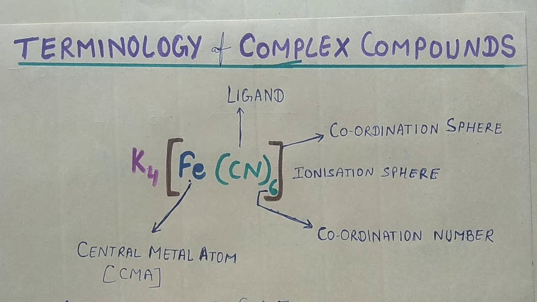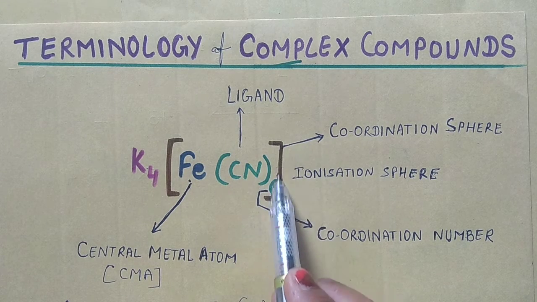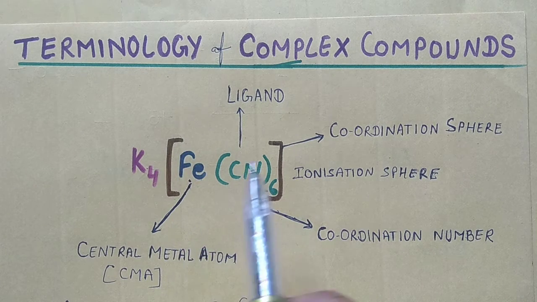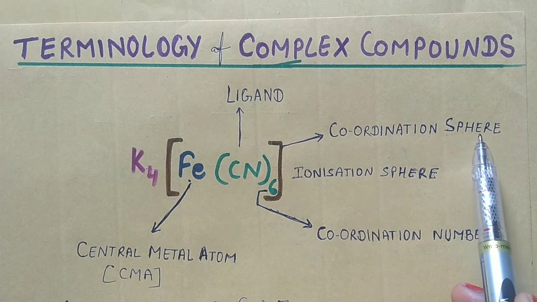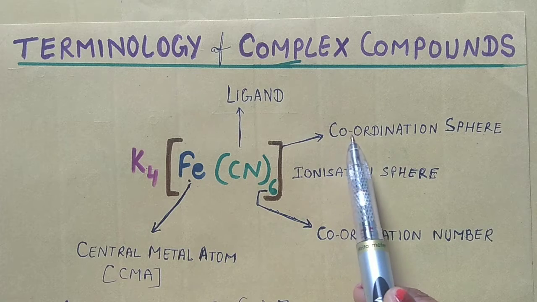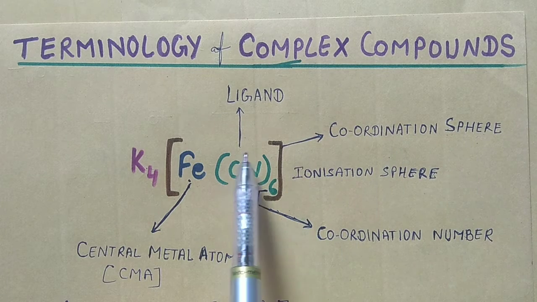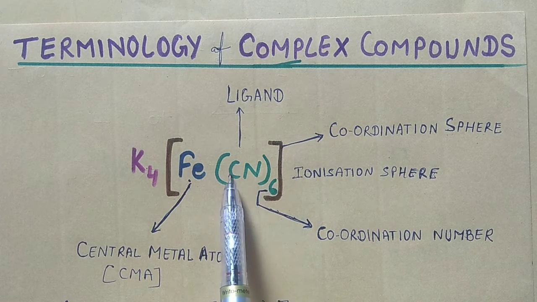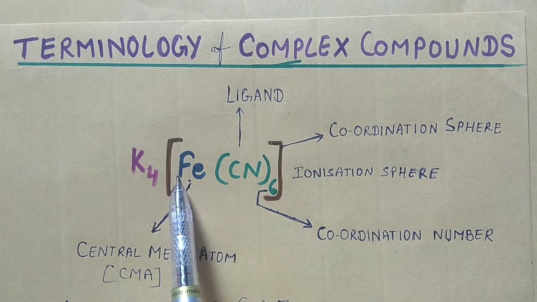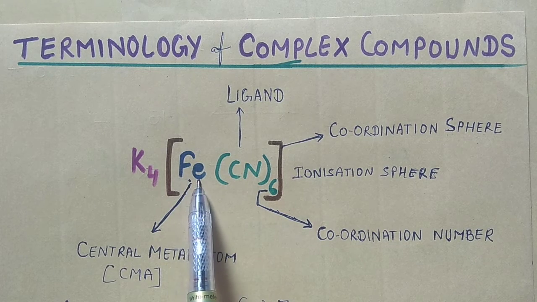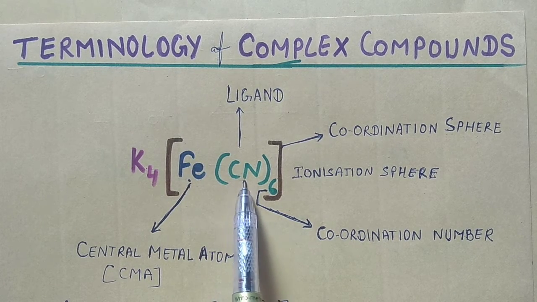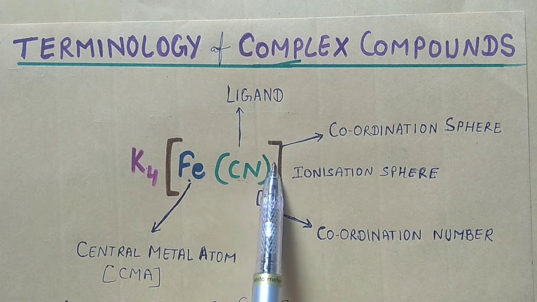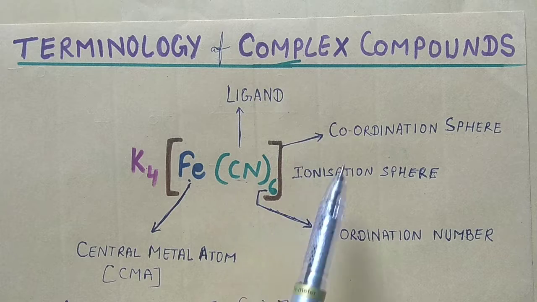What do these mean? First of all, this big bracket is known as the coordination sphere. The coordination sphere means the part in which a coordinate bond is present between the metal and the ligands or atoms. Only coordinate bonds are present.